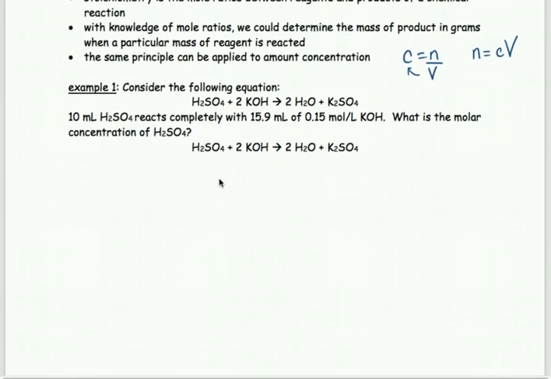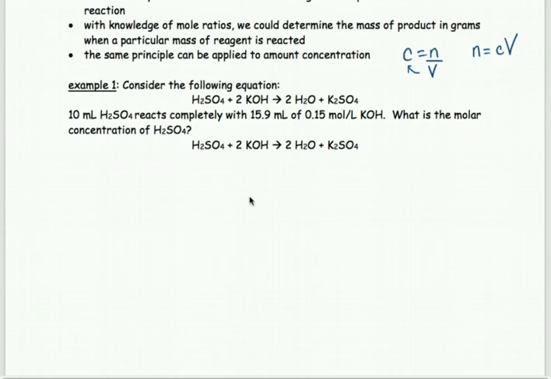Okay, so I just copied the balanced chemical equation again right here, so I can write the information that I know and the information that I need to find. So this is like the given and required step of GRASP. Right now we know the volume of hydrogen sulfate is 10 milliliters.